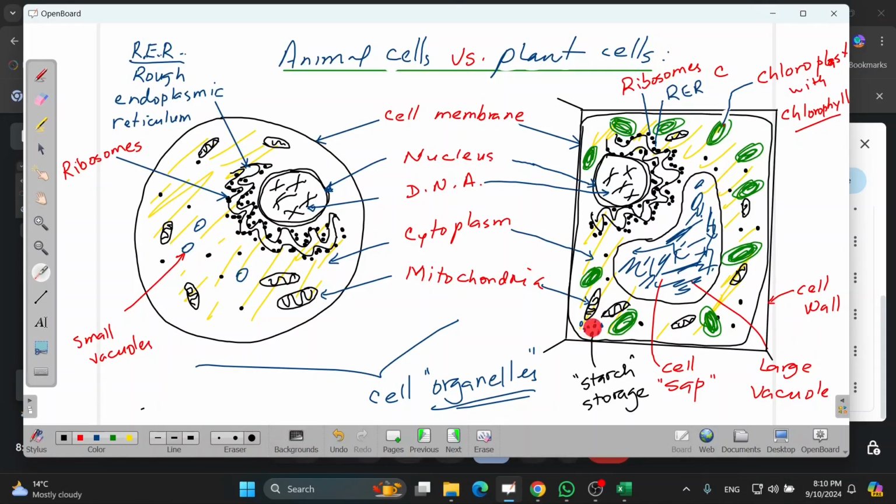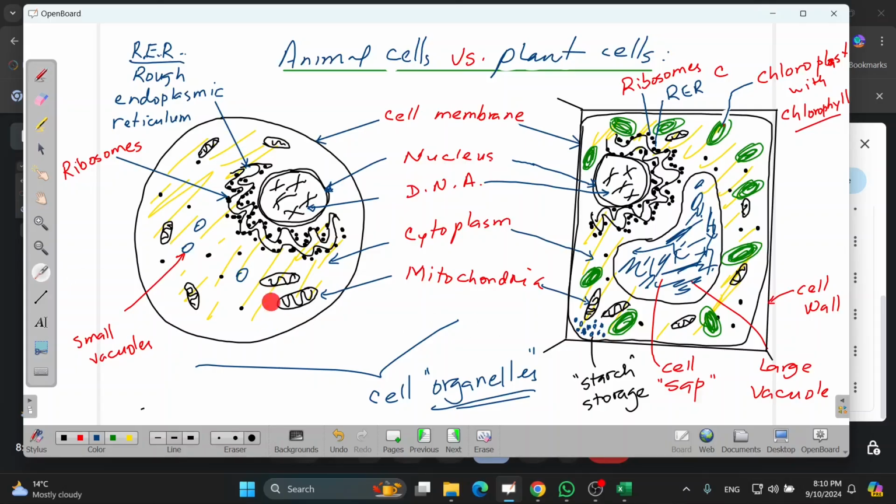Let's say if it is a rainy day or a rainy bunch of days, like in a week, sometimes we have in Trinidad, 3-4 days in a row, raining and cloudy, plants cannot do photosynthesis. If there is no sunlight, they cannot do photosynthesis. However, they can rely on the starch that they store in their cells.